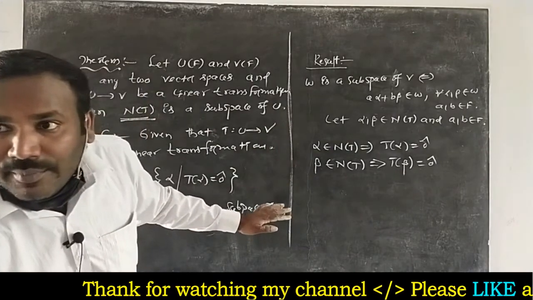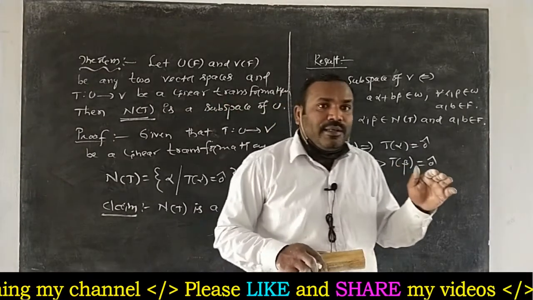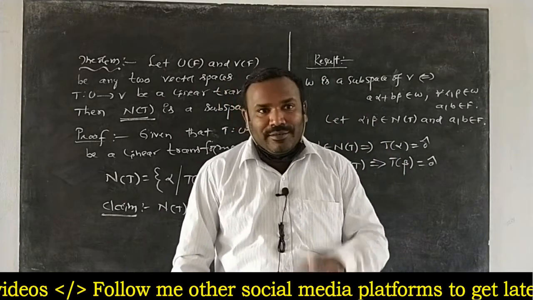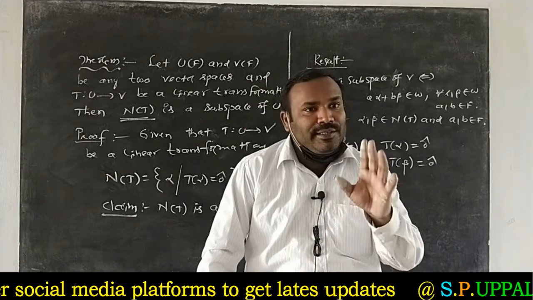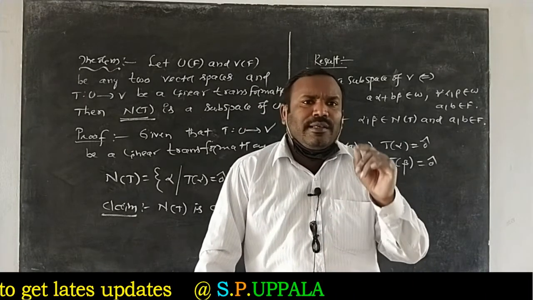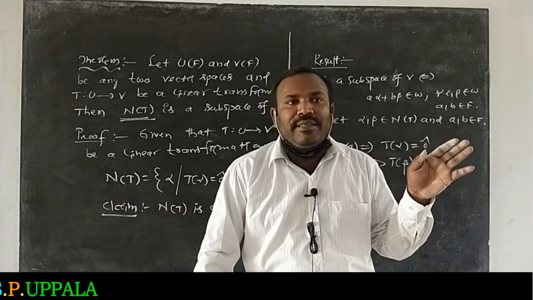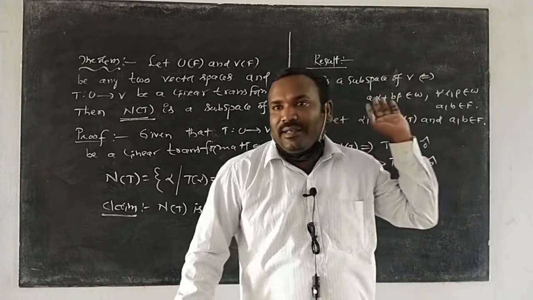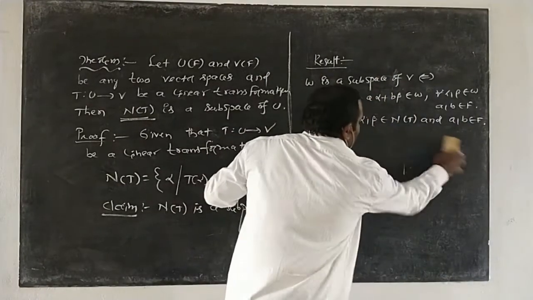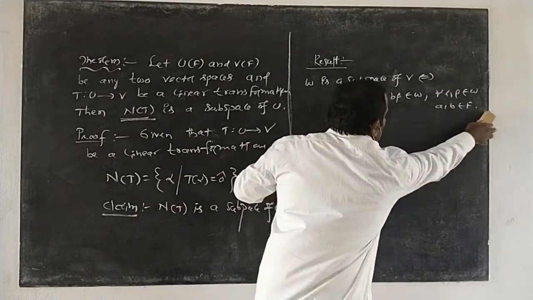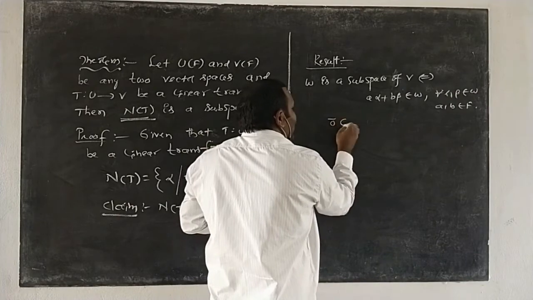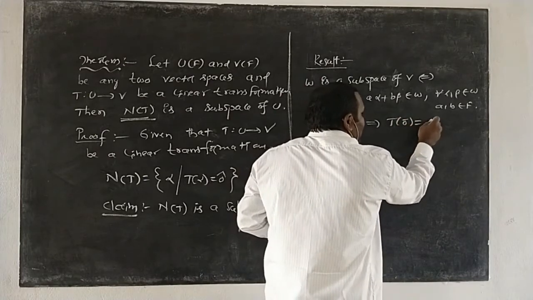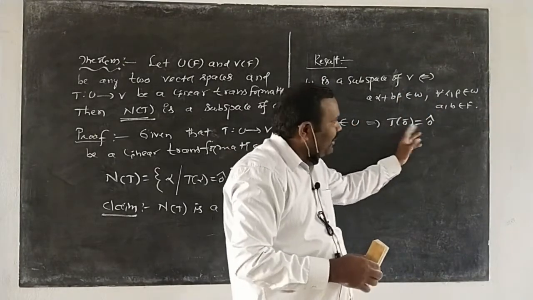Before this, I am sorry, we forgot to say whether N of t is empty or non-empty. First, we must say that N of t is a non-empty set, because a subspace is a non-empty set. You see, 0 bar belongs to U. We have already proved T of 0 bar equals 0 cap.